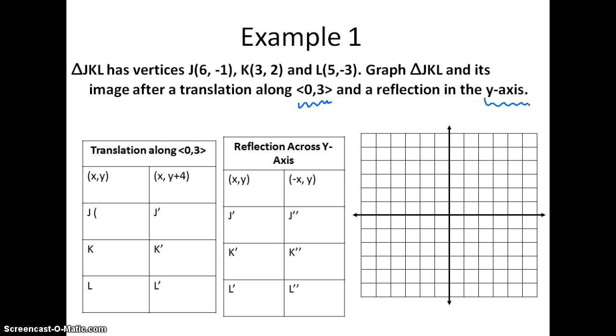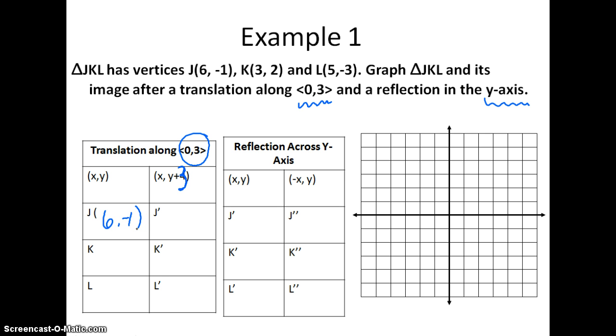So the first thing we're going to do is translate our points along the vector 0, +3, sorry. So that means I'm going to be adding 3 to each of my y values. I accidentally had a 4 there. So my first point is 6, -1.